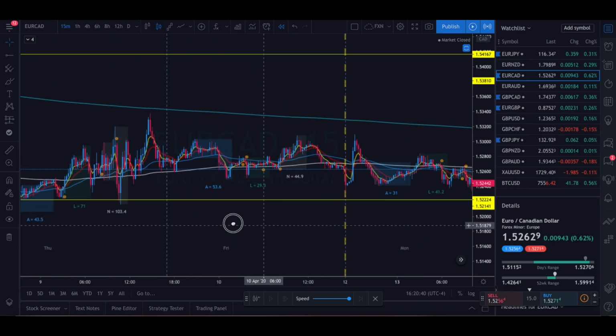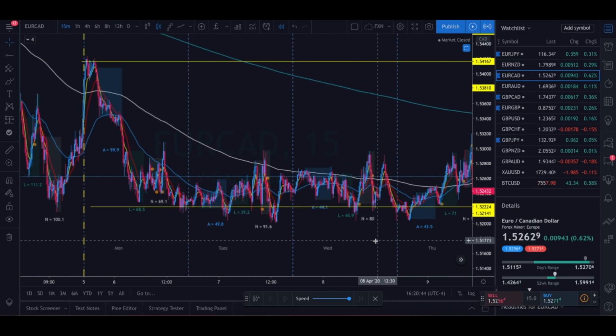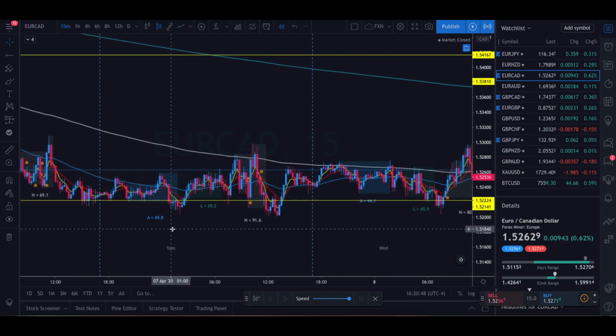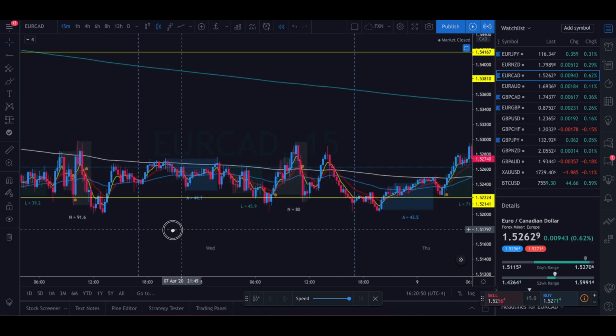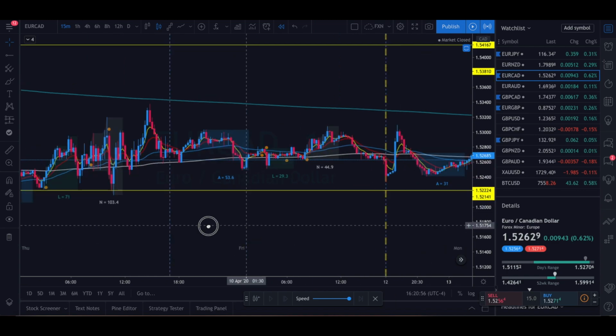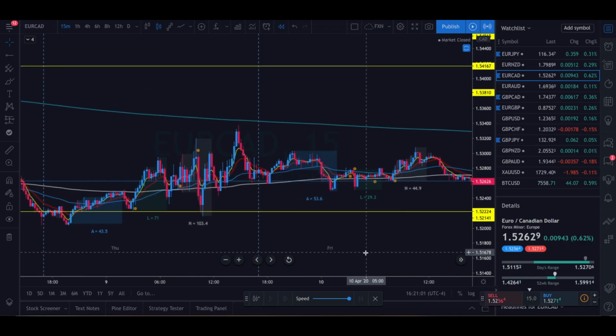Look what happens on Friday. Like nothing. That week was complete garbage. There was not one trade that I feel was clear enough for you to take. Maybe this type 3 here. Maybe. But everything else is complete garbage.